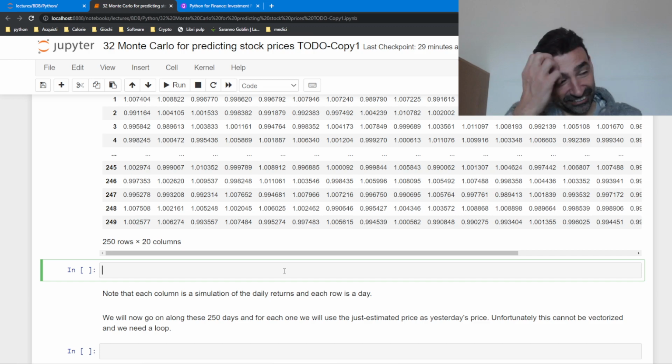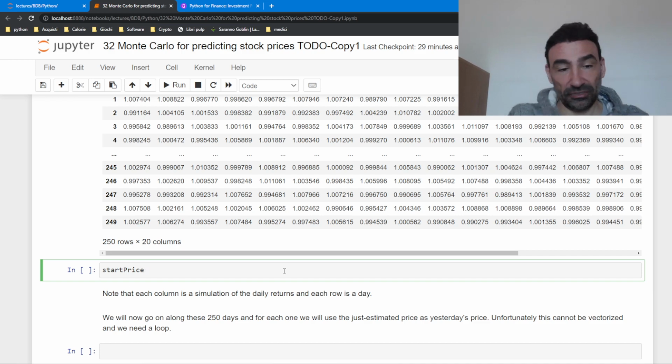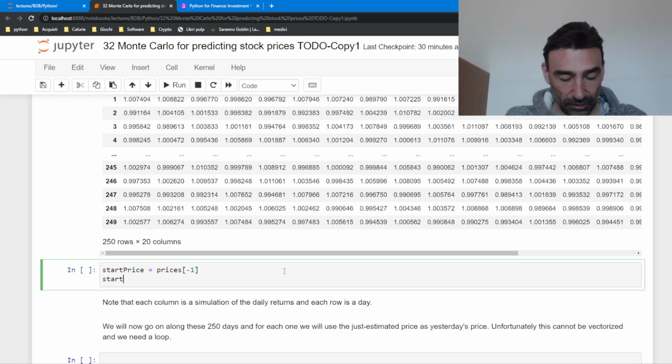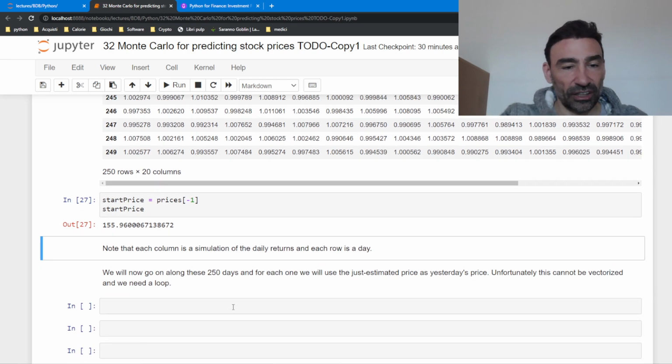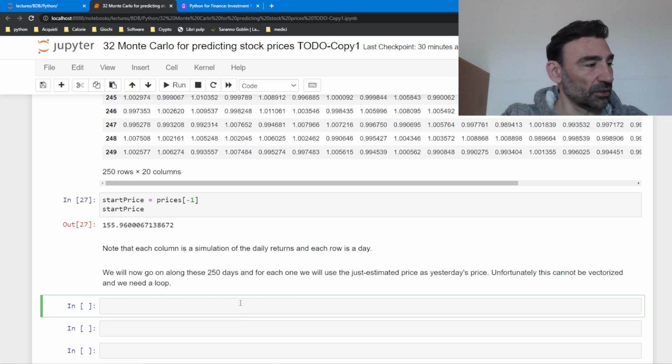Okay, very well. Now we have to get the start price, which is the price of yesterday, so the price which starts our simulation. Let's take a look at it. This is the price which starts our simulation. And now, finally, we go on with the future prices.